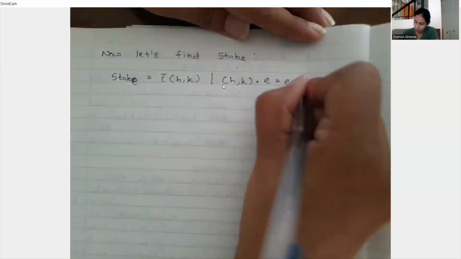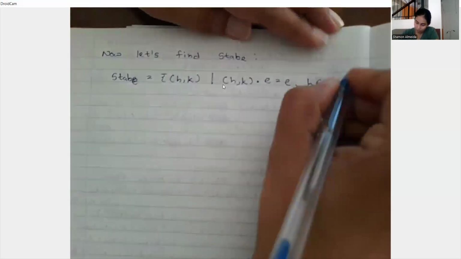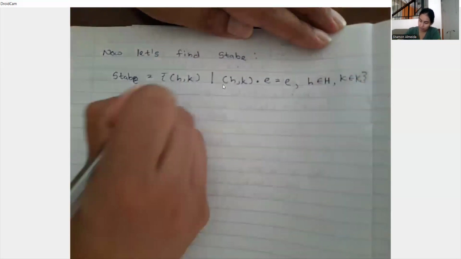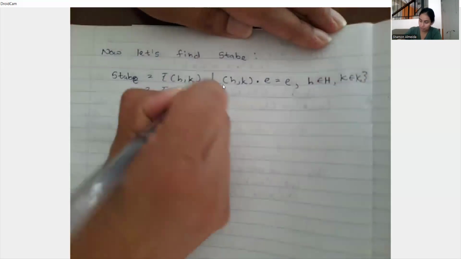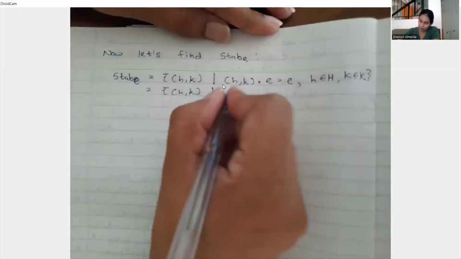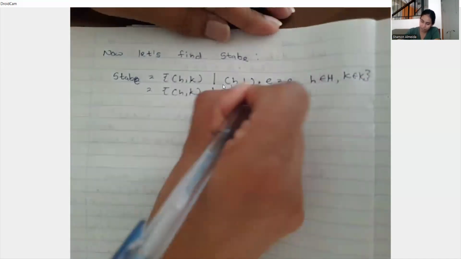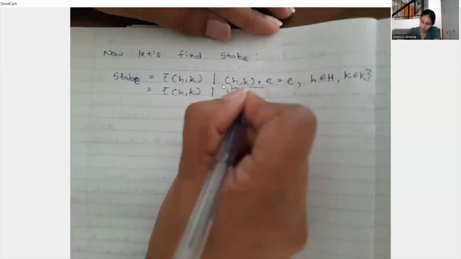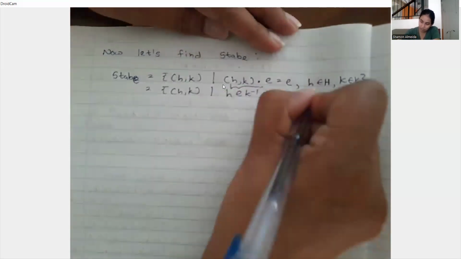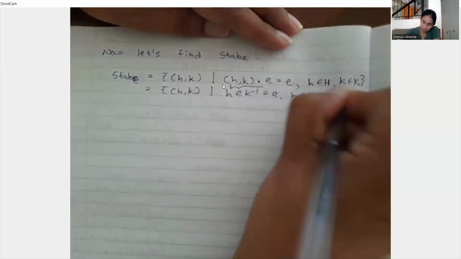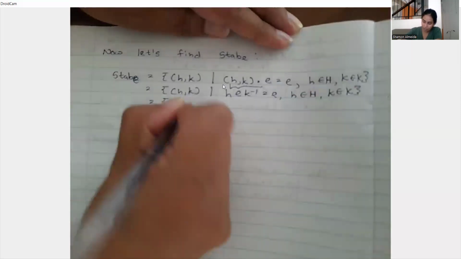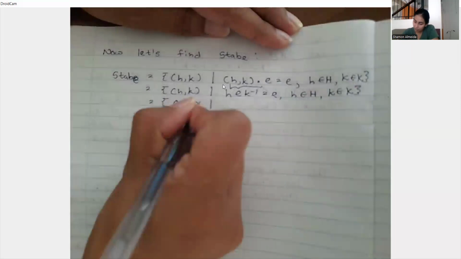H comes from the subgroup H, simple K comes from the subgroup K. Now we further simplify this by applying the group action. This gives you H times the identity times K inverse equals the identity. So H is in H, K is in K. So we are taking HK, these points.